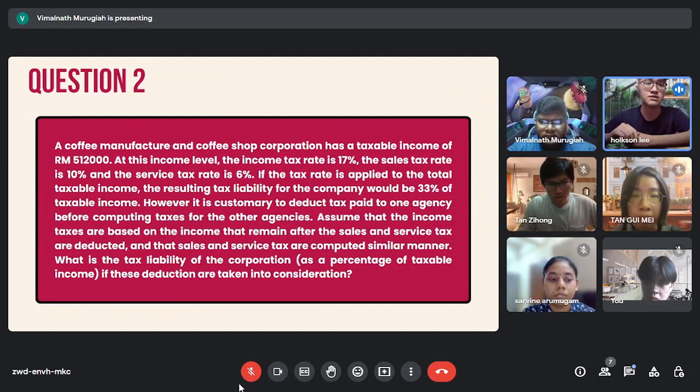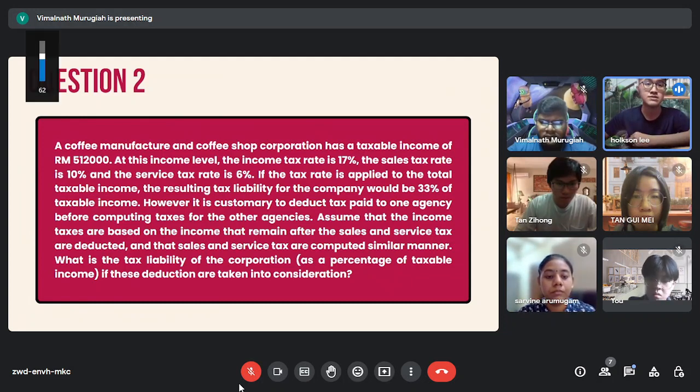However, it is customary to deduct tax paid to one agency before computing tax for the other agency. Assume that the income tax is based on the income that remains after the sales and service tax are deducted, and that sales and service tax are computed in a similar manner. What is the tax liability of the corporation as a percentage of taxable income if these deductions are taken into consideration?